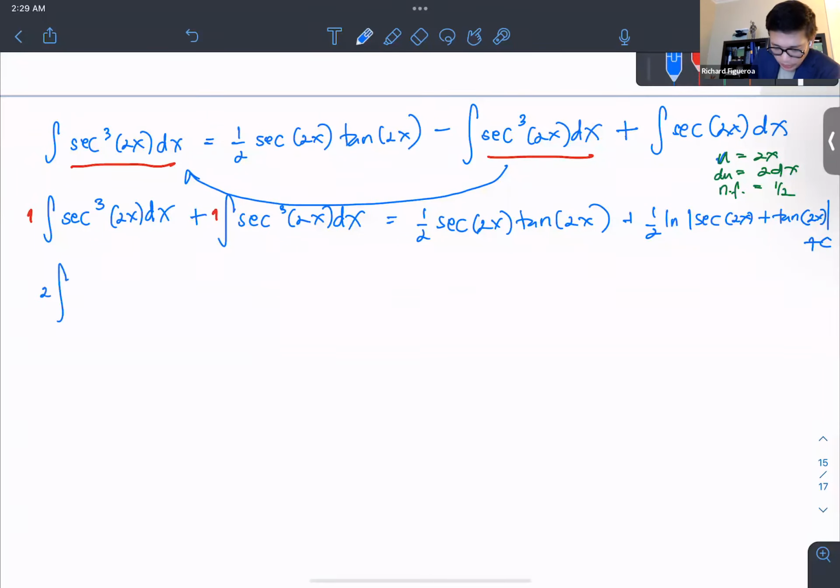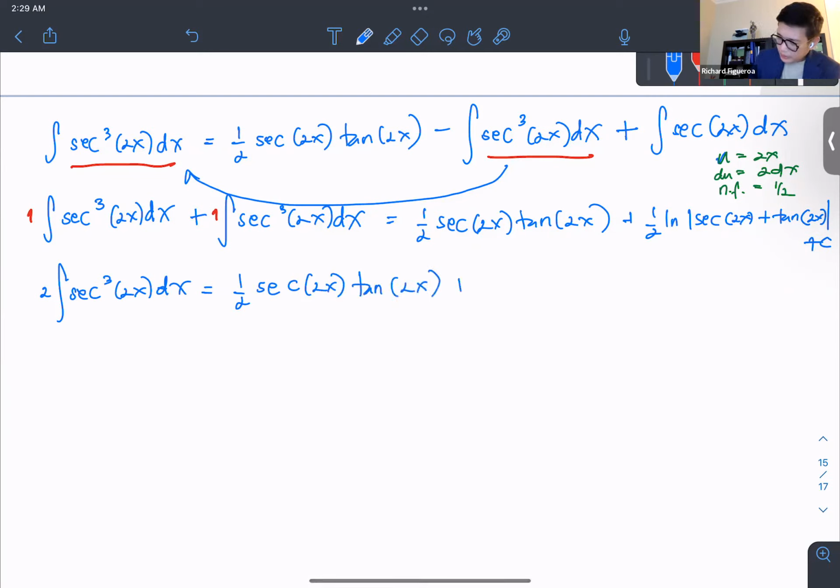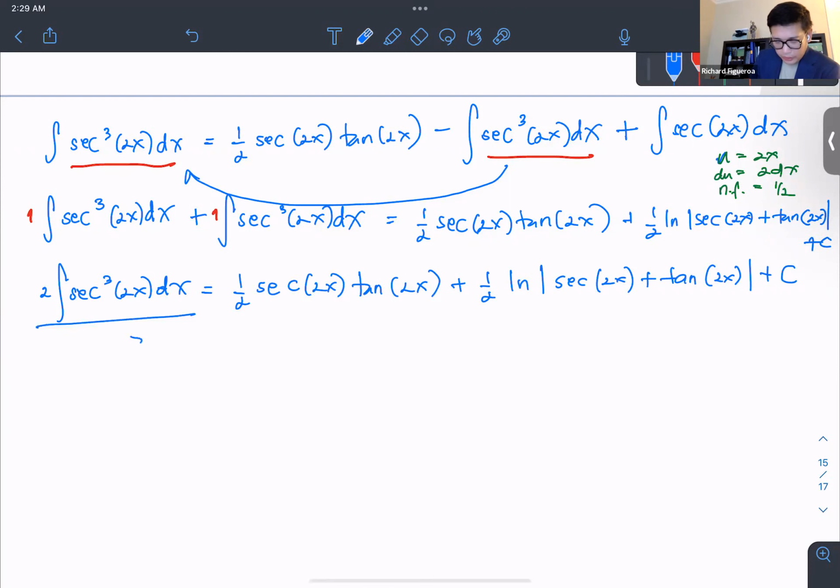So 2 integral of secant cube 2x dx will be equal to 1/2 secant 2x tangent 2x plus 1/2 ln of secant 2x plus tangent 2x plus c. And we divide everything by 2.